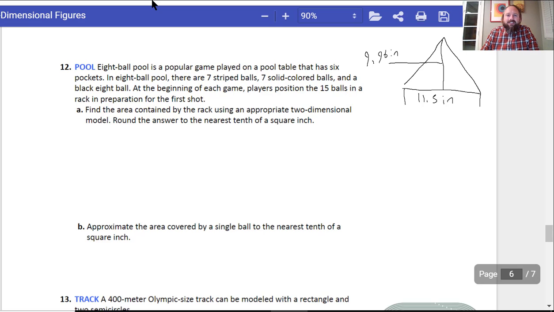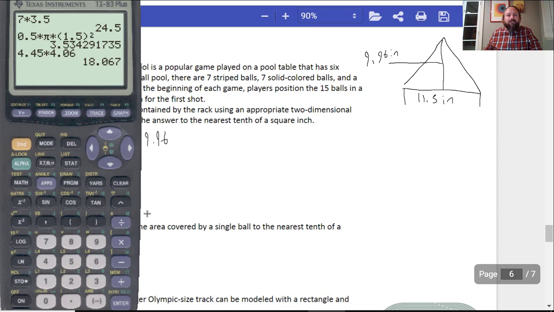It says find the area contained by the rack. Well, the area of a triangle is 1/2 base times the height. So 1/2 times 11.5 times 9.96. How do we do that? Take a calculator, guys. 9.96 times 0.5 times 11.5.